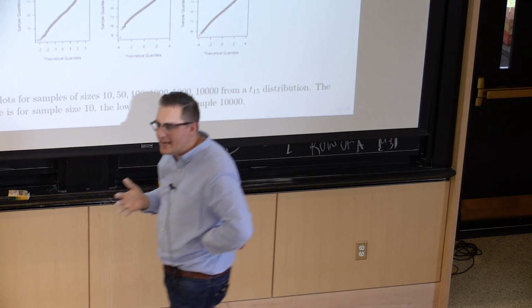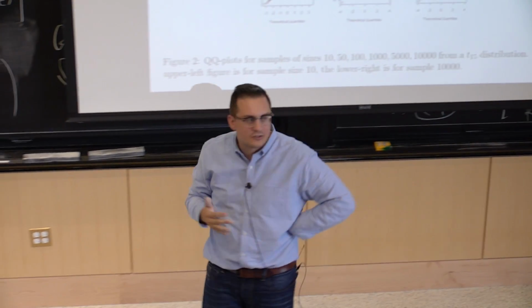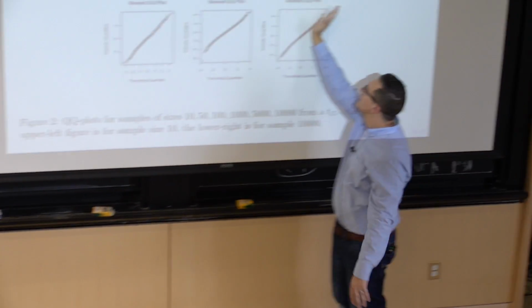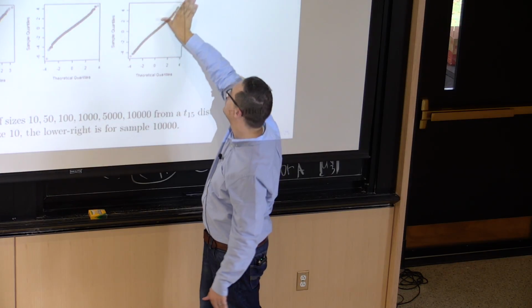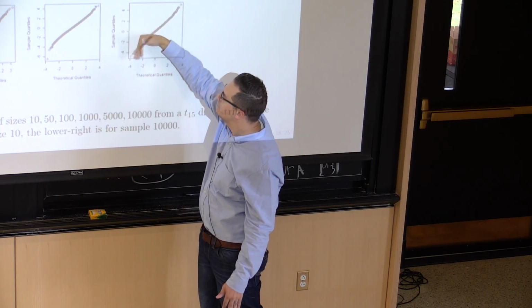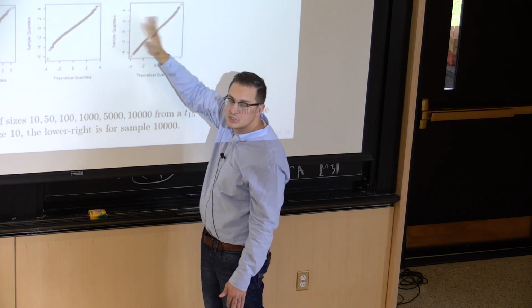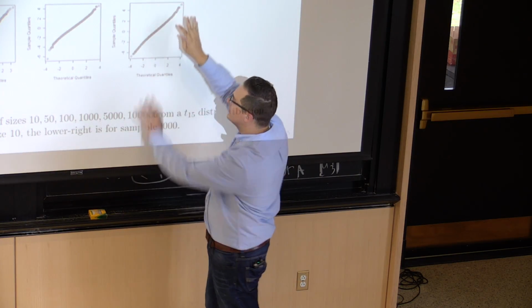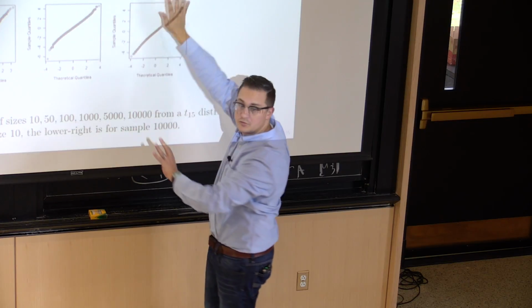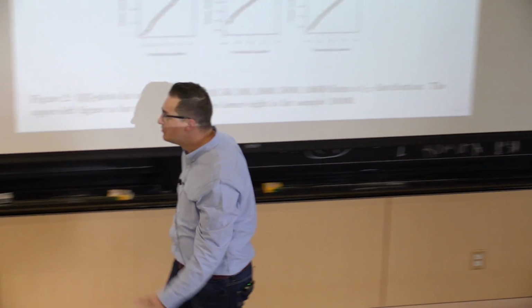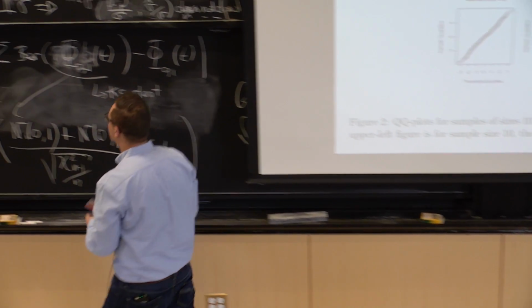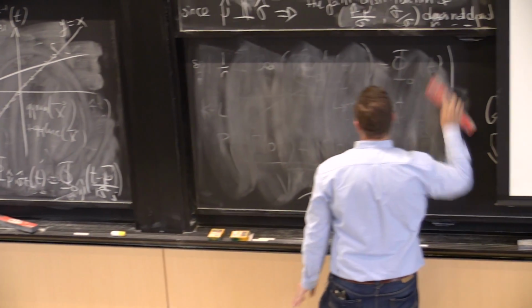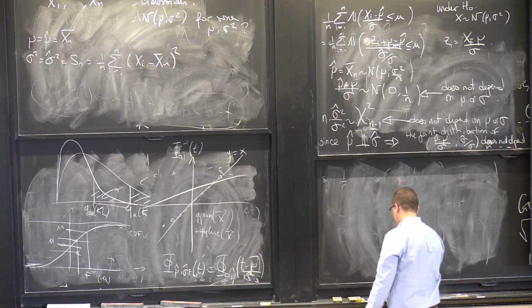So let's try to guess. For each of those sides, there are two phenomena. Either it goes like this, or it goes like this, and then it goes like this, or like this. Each side corresponds to a tail: the left side is the left tail, all the smallest values, and the right side corresponds to the large values. You can think of a table that tells you what your QQ plot looks like.